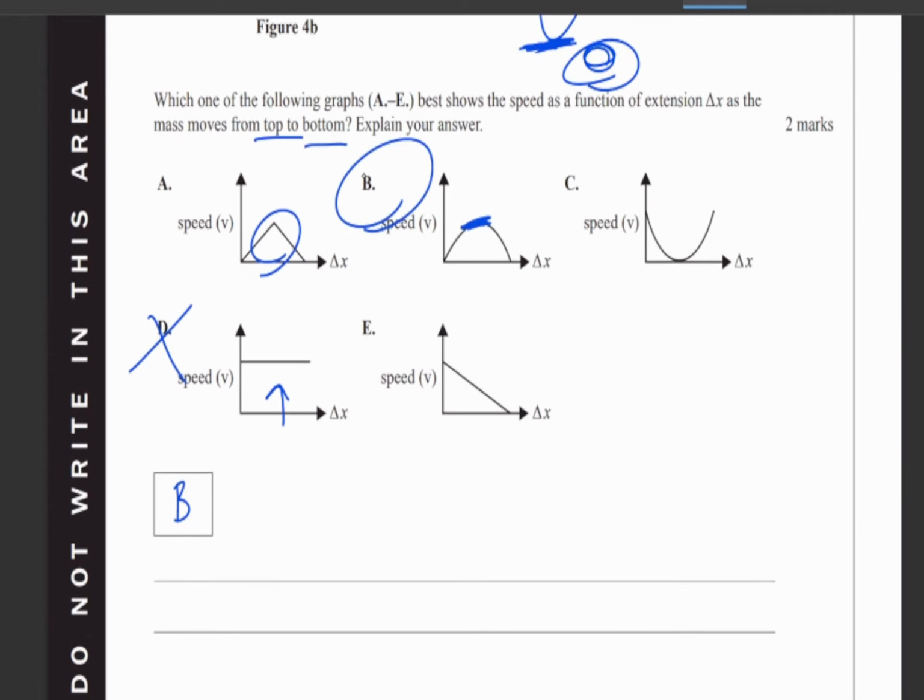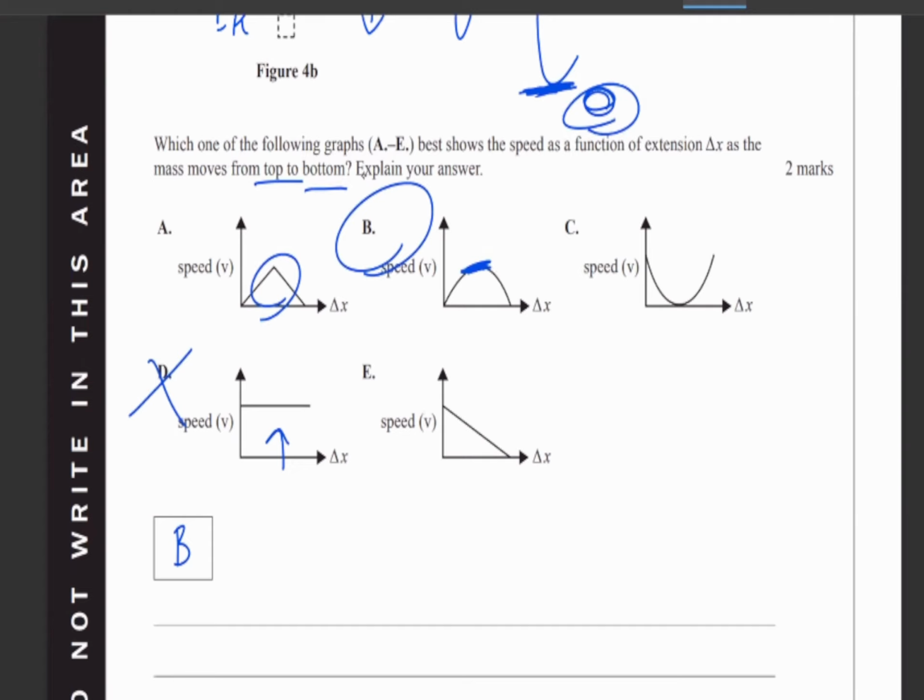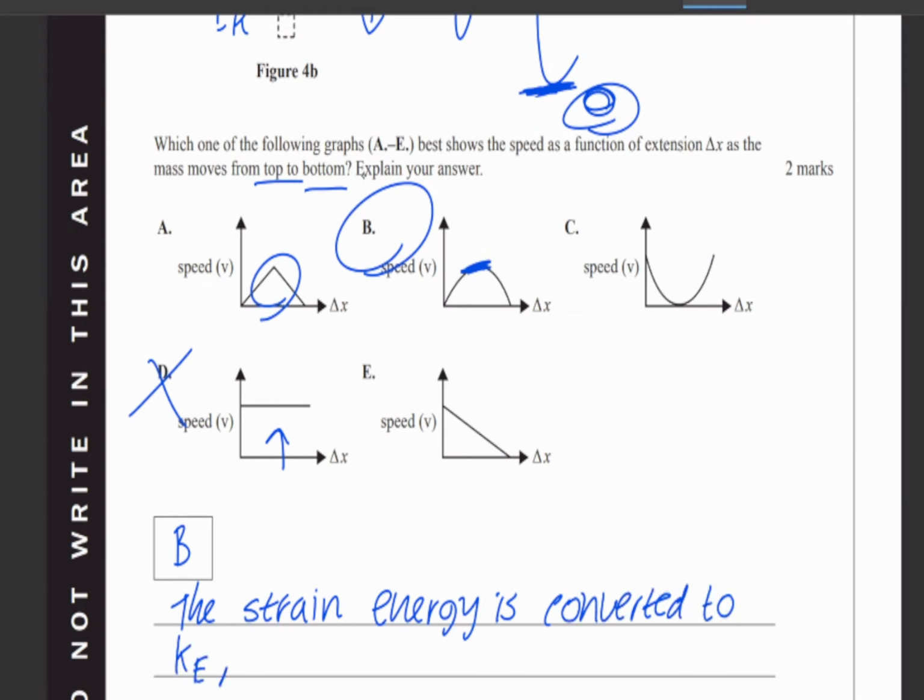So we can just say that it increases in speed, reaches a maximum.